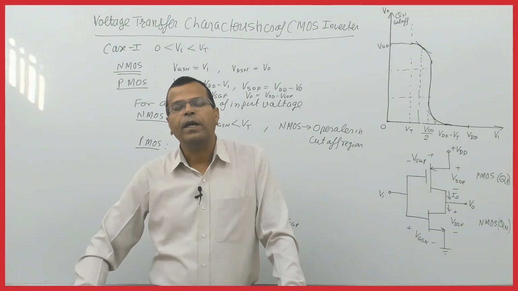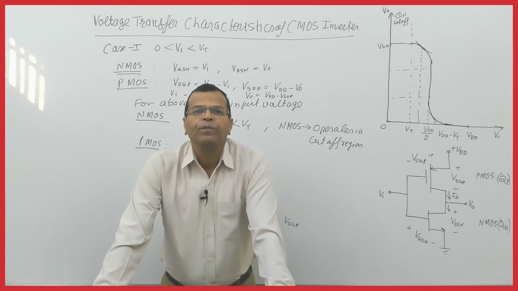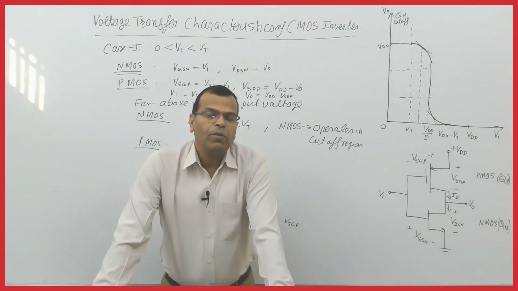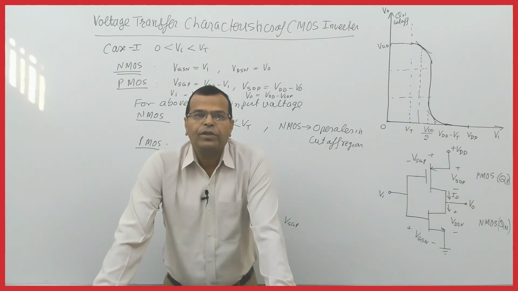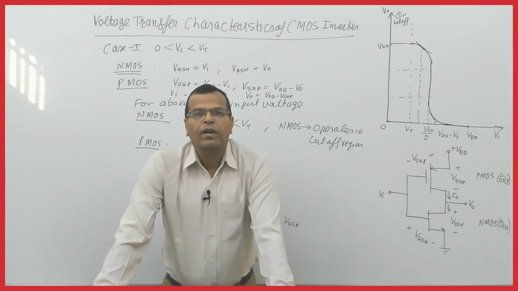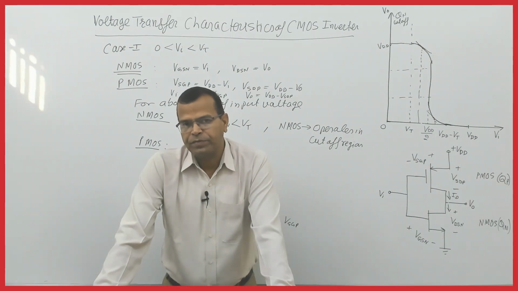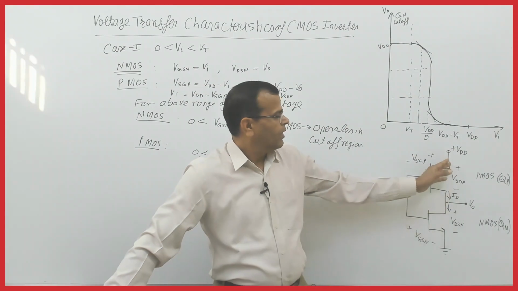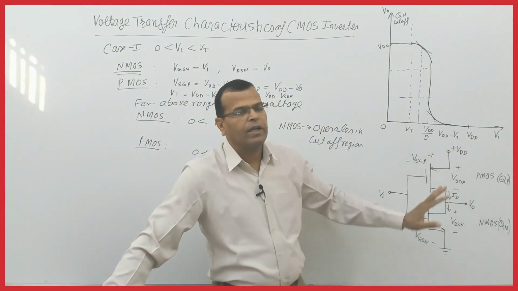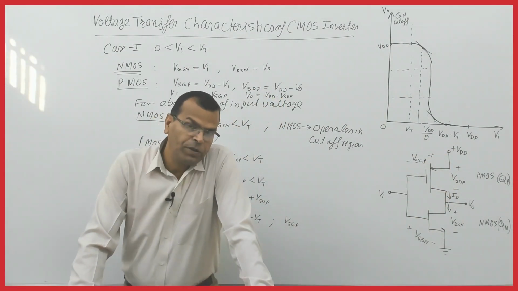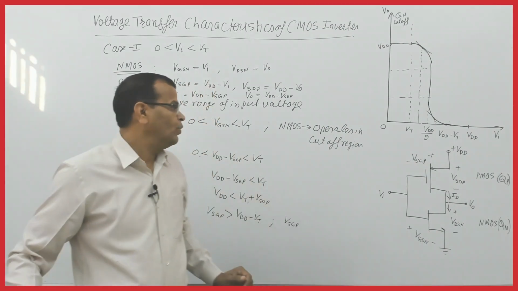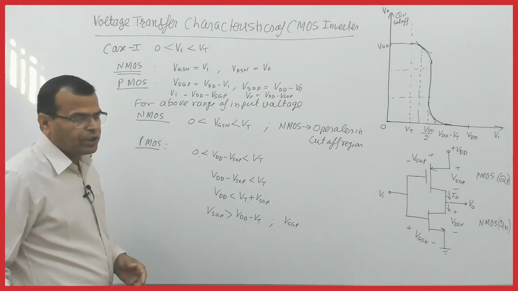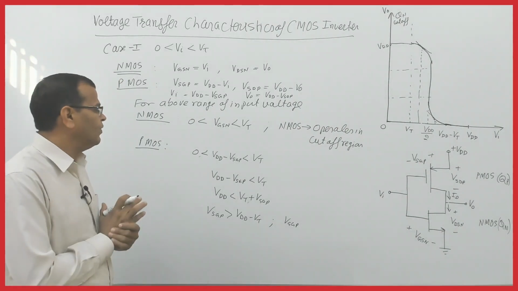But we have already seen that the PMOS and NMOS, both transistors work in ohmic region of operation for inverter operation. So if it is on, it must be working in ohmic region, but there is always a possibility that it may be working in saturation region as well. So let us see how to find whether it is working in saturation region or ohmic region of operation.